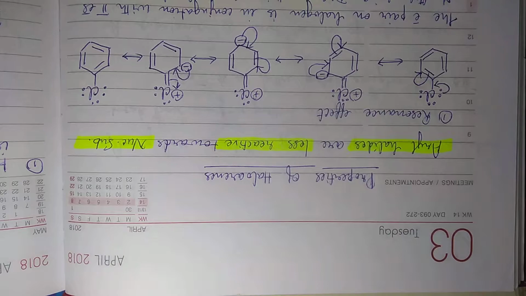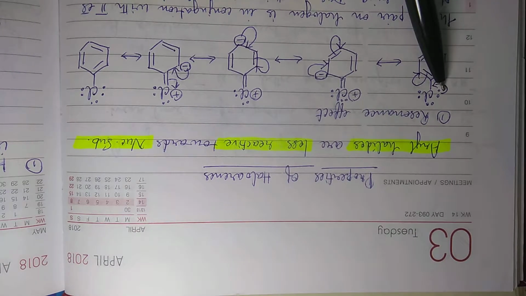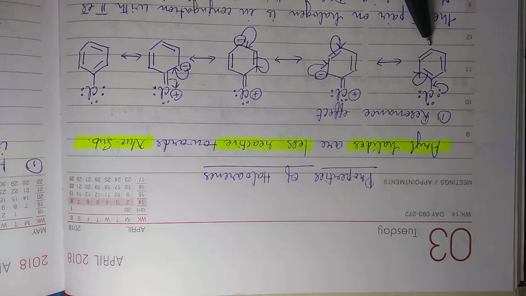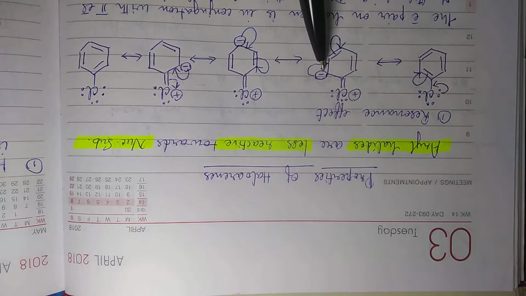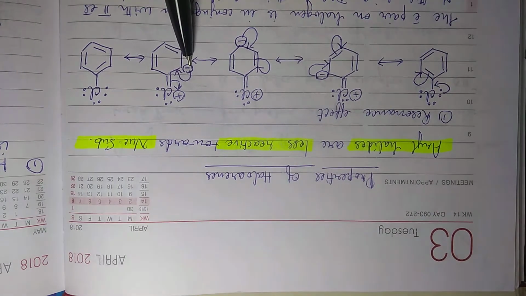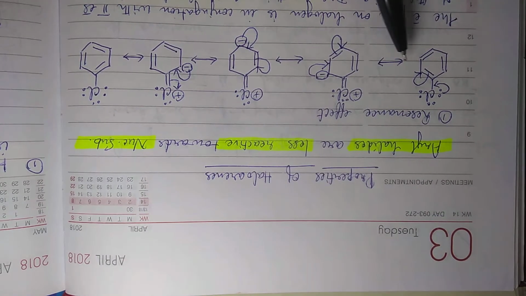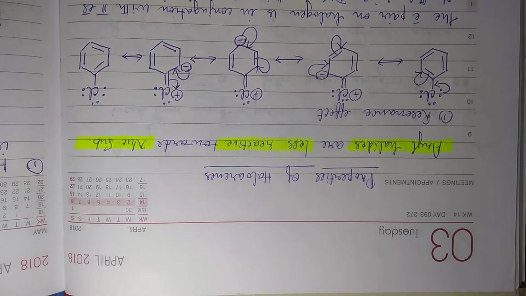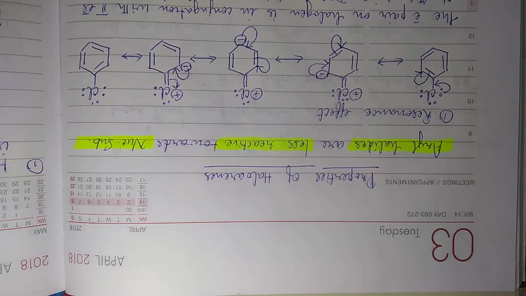And apart from that, the lone pair of electrons on chlorine gets delocalized into the benzene ring, creating negative charges at ortho and para positions. Look at this. Ortho position has a negative charge, para is having a negative charge, another ortho is also having a negative charge. So this pair of electrons is getting delocalized throughout the ring, creating negative charges.